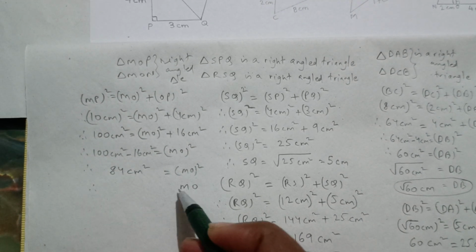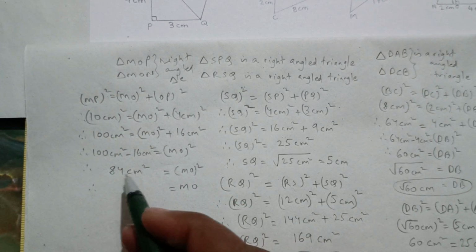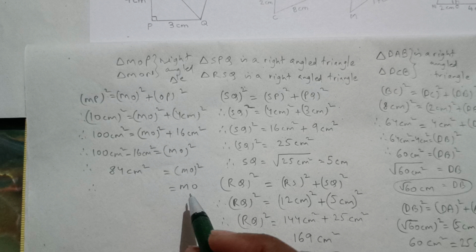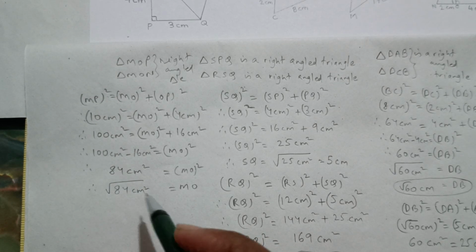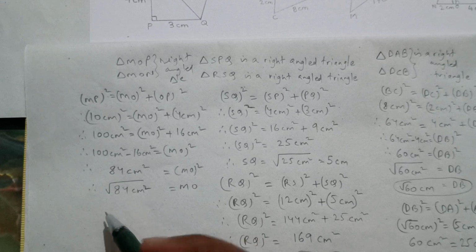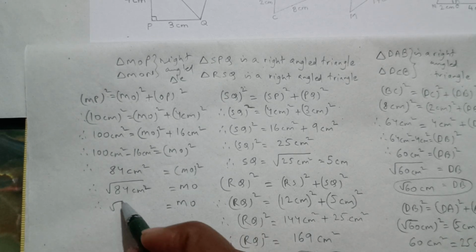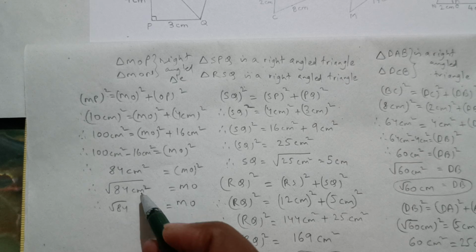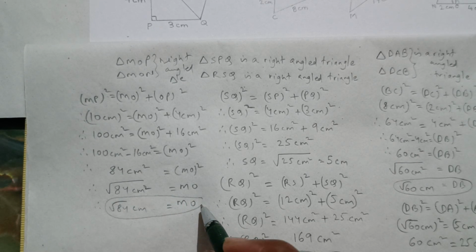So MO is square root of 84 centimeter square, and square root of centimeter square is centimeter. So MO is square root of 84 centimeter.